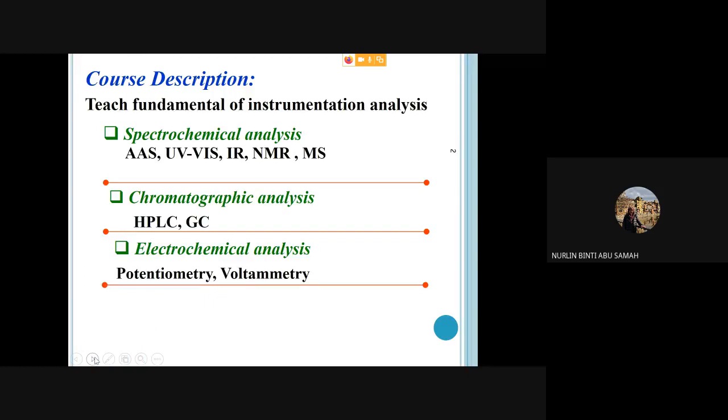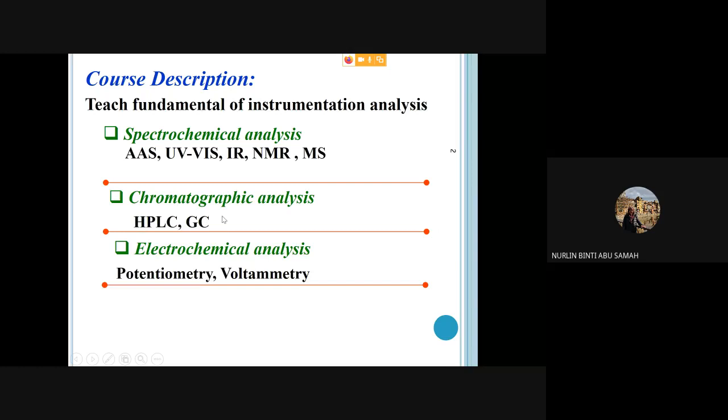In the course description, you will learn about 3 different lines, but not all. We focus on the spectrochemical analysis and also chromatographic analysis. Basically you will have a basic knowledge of different kinds of instruments, like AAS, UV-Vis, IR, NMR, mass spec.